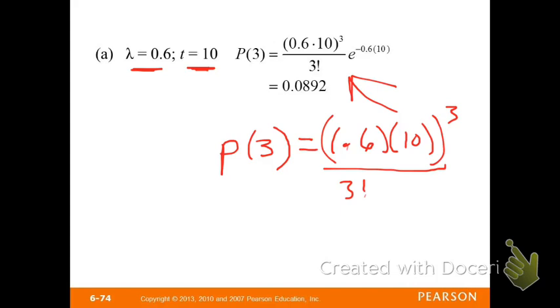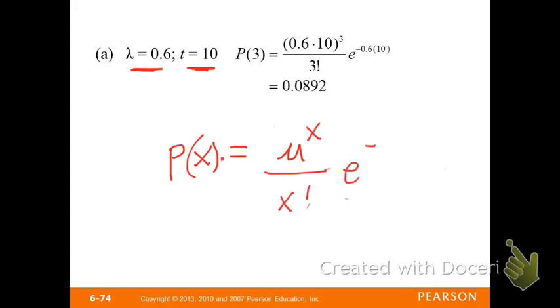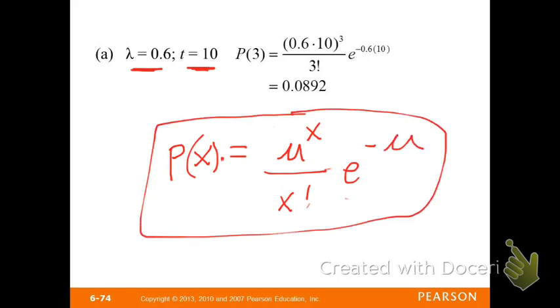But notice, I want to illustrate that formula I was talking about earlier. Notice that P of x, remember how I said I like to think about it as mu to the x over x factorial, e to the negative mu? Well, like I said earlier, mu is equal to lambda t, which I had computed was 0.6 times 10, which was 6 insect fragments.